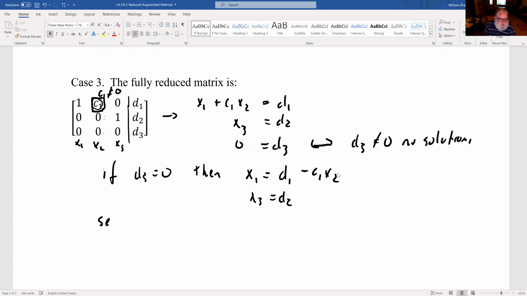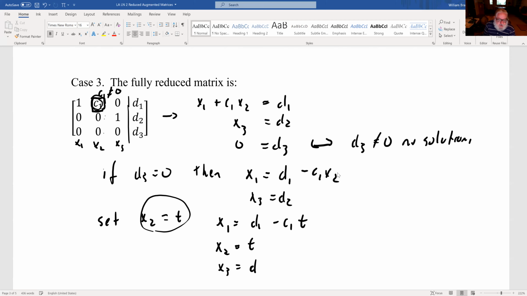So we parameterize this, we set x2, which is the one that corresponds to the c1, equal to t. And then what do we get? We get x1 equals d1 minus c1t. x2, well, we set x2 equal to t, and then x3 equals whatever the constant d2 is, because that's that equation.